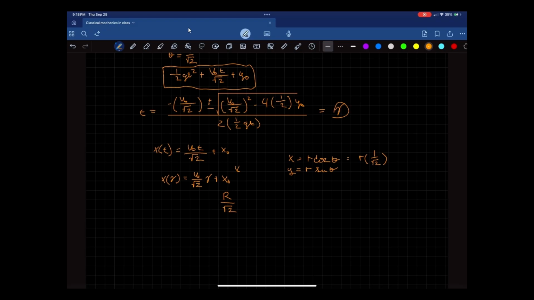So then we just plug that in for our x naught. So our total x of gamma is equal to v naught over the square root of 2 times gamma plus r over the square root of 2. And this just basically tells how far our projectile would land.